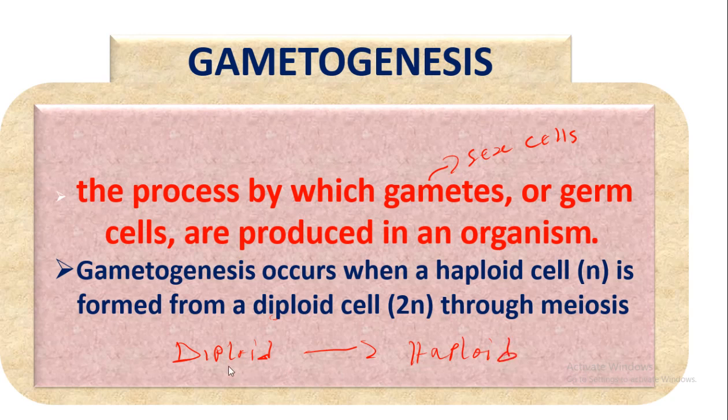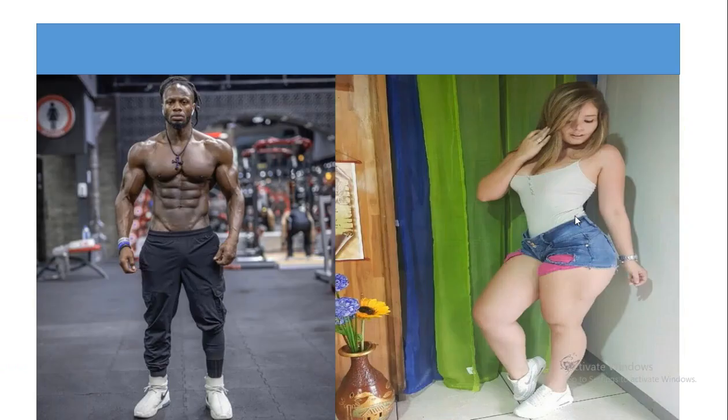This process from this one to that one is what we are calling gametogenesis. And this gametogenesis occurs by the help of what? Meiosis.